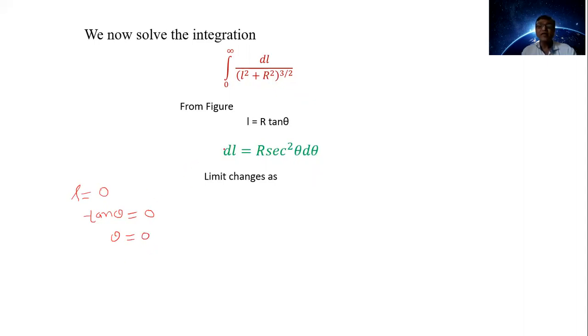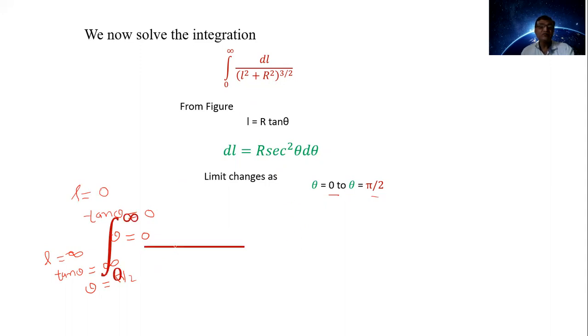And when L is equal to infinity, tan theta is equal to infinity, and therefore theta is equal to pi by 2, and hence the integration limit changes as theta is equal to 0 to theta is equal to pi by 2.